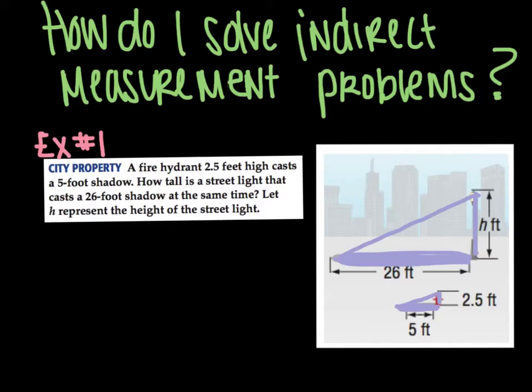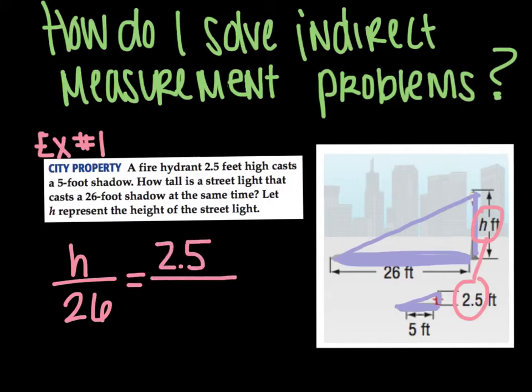You'll want to set this up corresponding sides with your triangle. So we have h, and then the 2.5 feet obviously are linked together with it. You'll write your proportion h over 26 equals, and then that h is linked to the corresponding 2.5, and that is over 5.